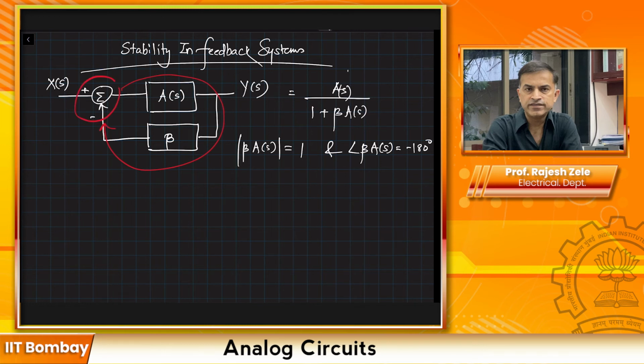And we have a second inversion over here. So 180 degrees phase shift around the loop plus another 180 degrees phase shift, which is 360 degrees, means that the two signals in the loop are going in phase and adding constructively, as a result of which you have positive feedback, and then it leads to oscillation.